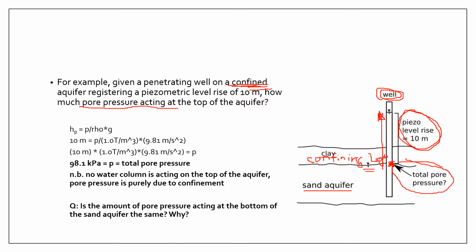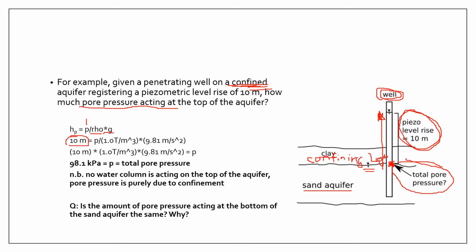What we do here is we go back to the equation. H sub P is equal to pressure divided by rho, your density of water, times your gravitational acceleration. So pore pressure head is equal to 10 meters.